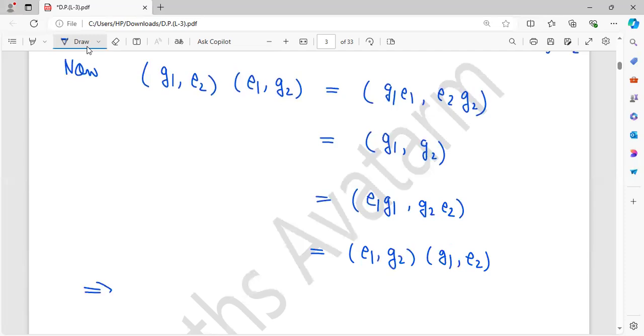Okay. So we got (g1, e2)(e1, g2) is equal to (e1, g2)(g1, e2). Okay.